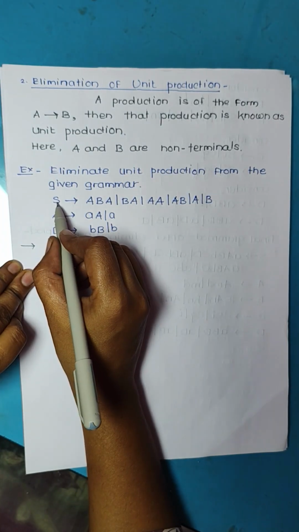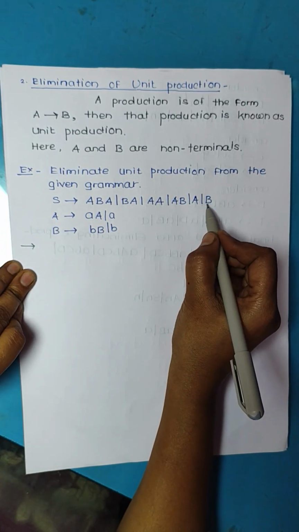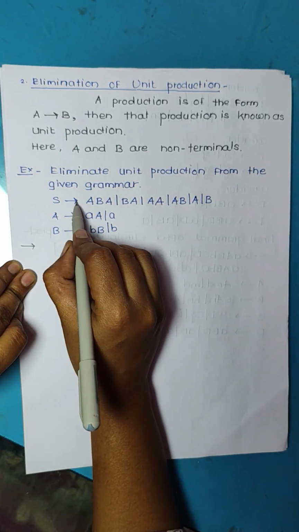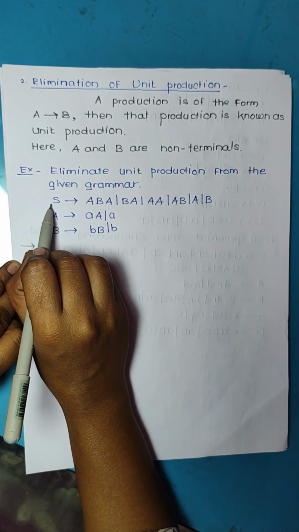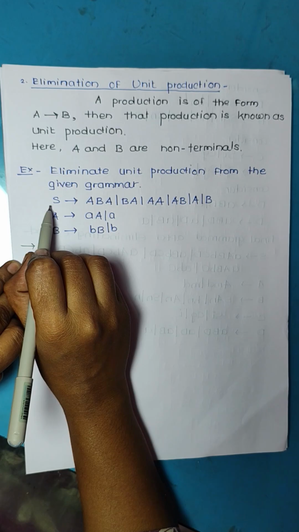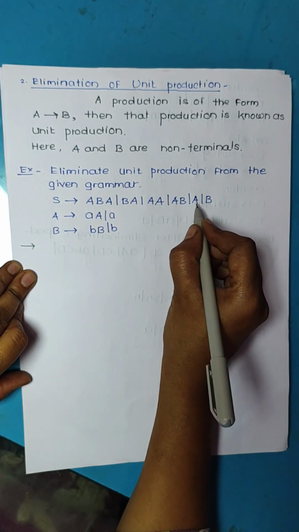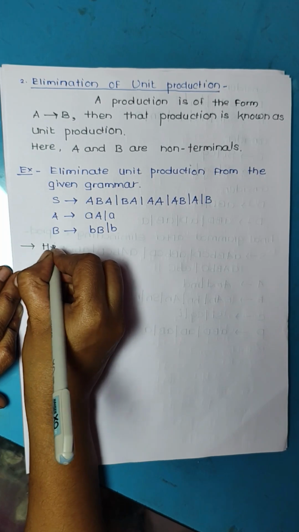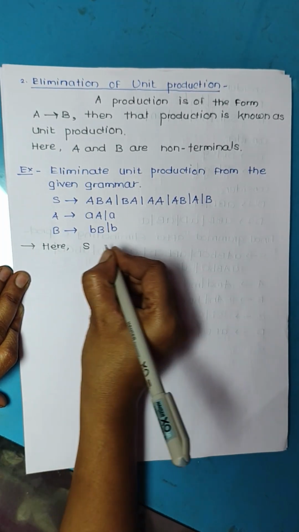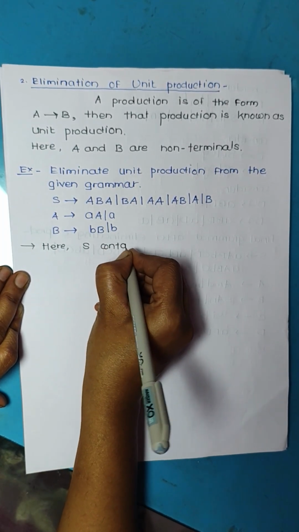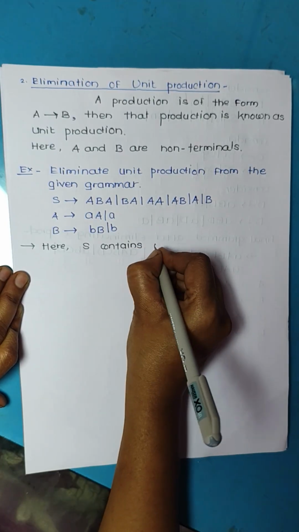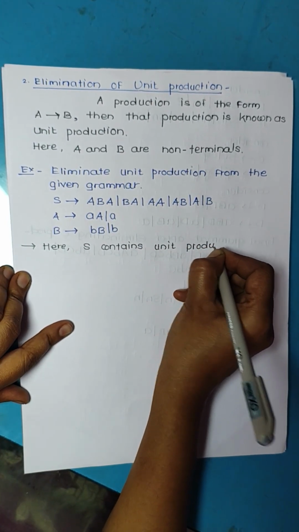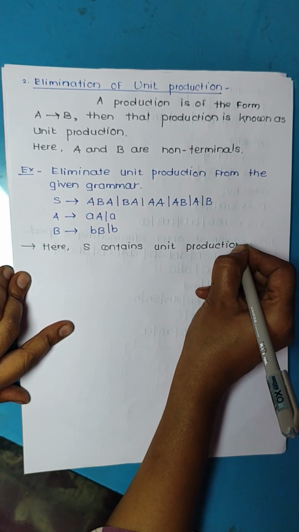In the productions of S, A and B are single non-terminals on the right hand side, so S contains unit productions.